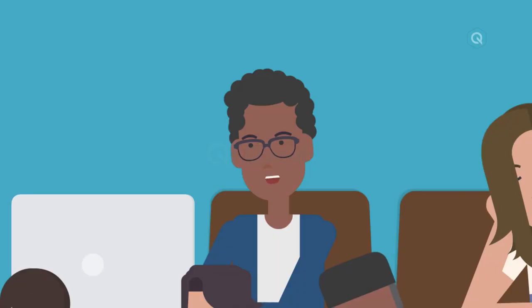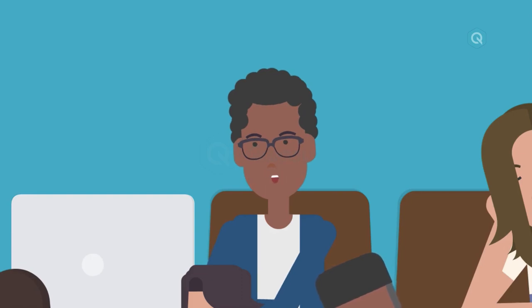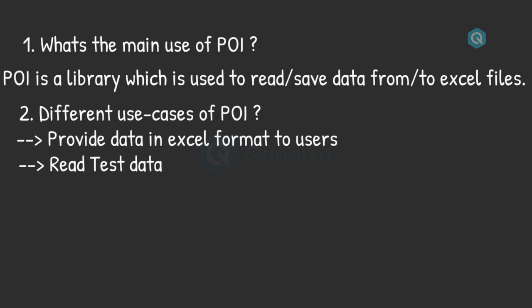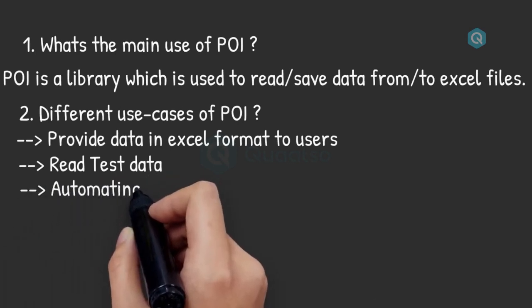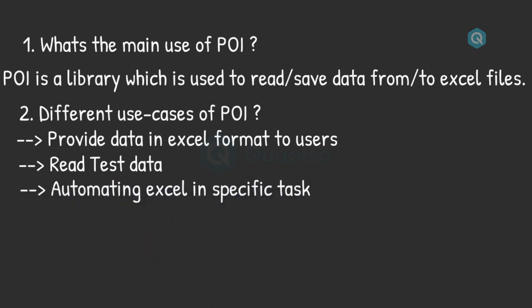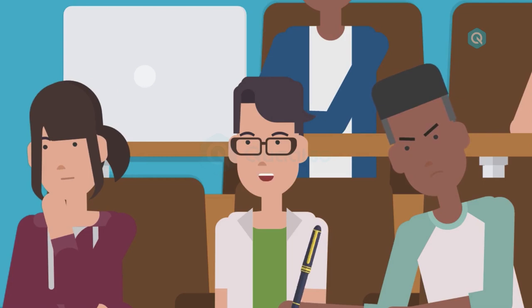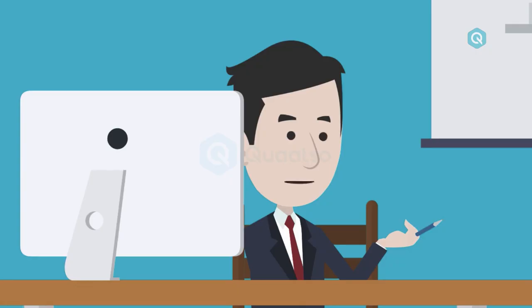Anything else? Maybe to automate the tasks of Excel itself. I mean, there are a lot of financial applications which use Excel for manipulation. Yes, it can be a use case. So, automating Excel-specific tasks. What about reporting? We can provide data reports in human-readable Excel format. Yes, it's also an important use case.